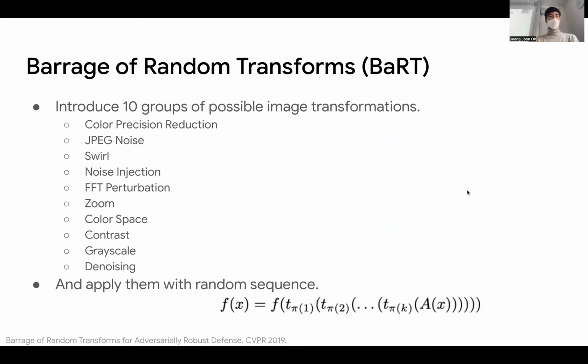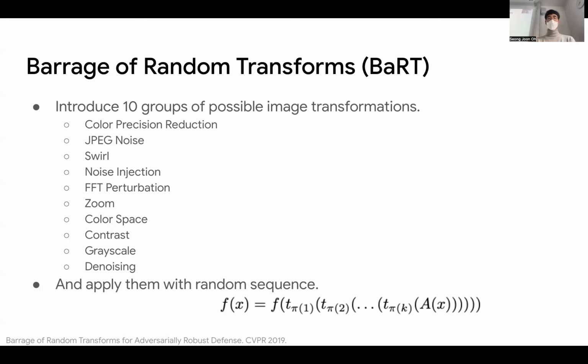And this is the sequel after this EOT paper, which is the barrage of random transformations. They introduced these 10 different groups of possible image transformations, including color precision reduction, JPEG noise, swirl, noise injection, FFT perturbation, zoom, color space, contrast, grayscale, and denoising. Not only that, with all these axes, they came up with all kinds of ways to randomly apply them in sequence, right?